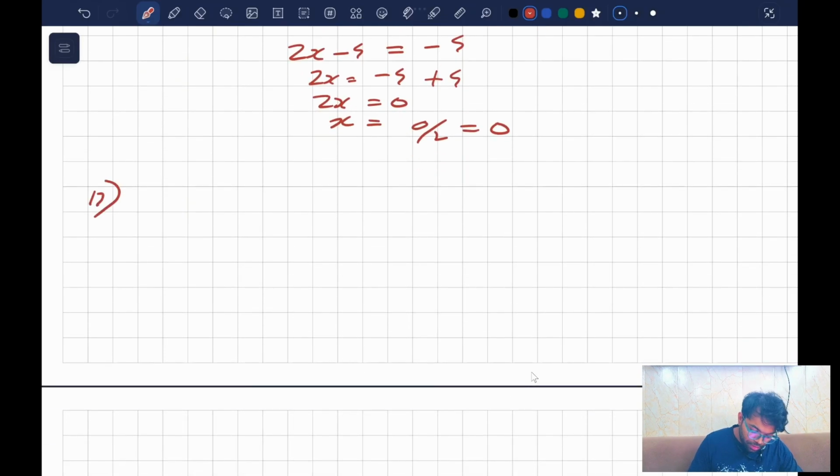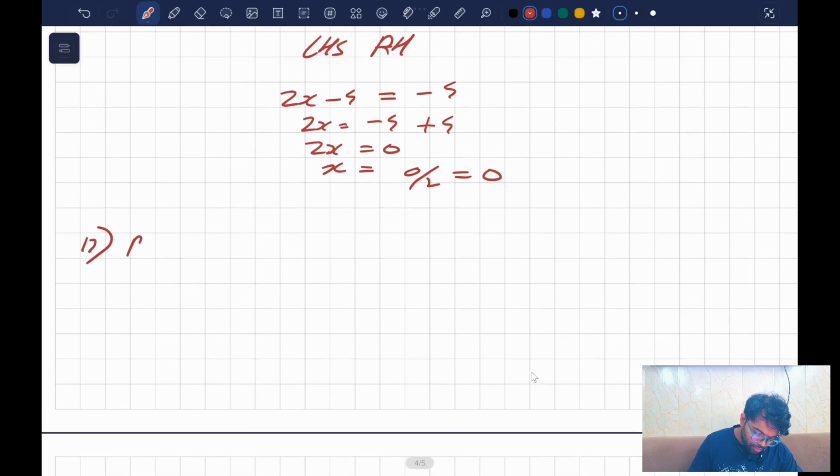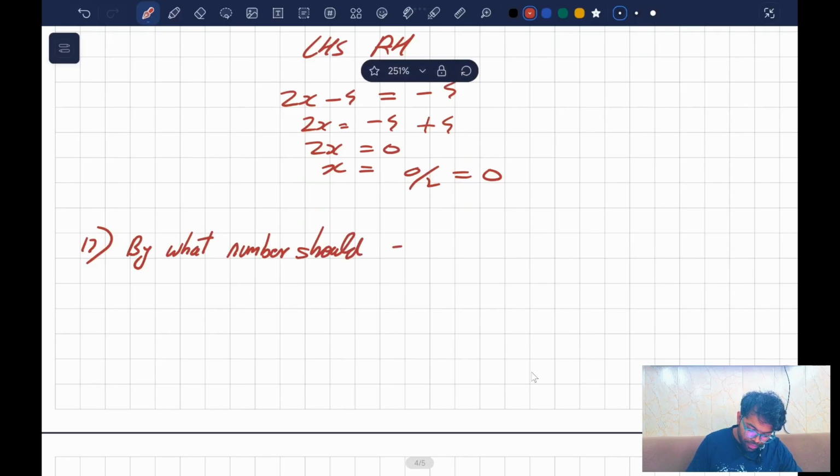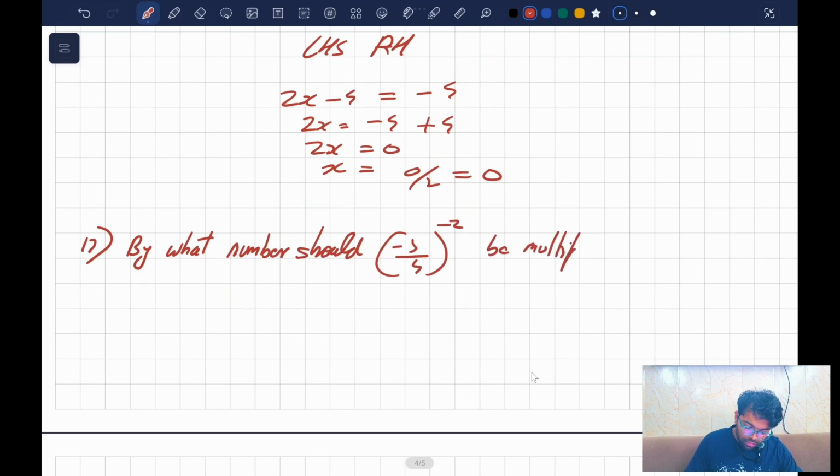By what number should minus 3 upon 4 the whole to the power minus 2 be multiplied so that the product is 3 to the power of minus 2?